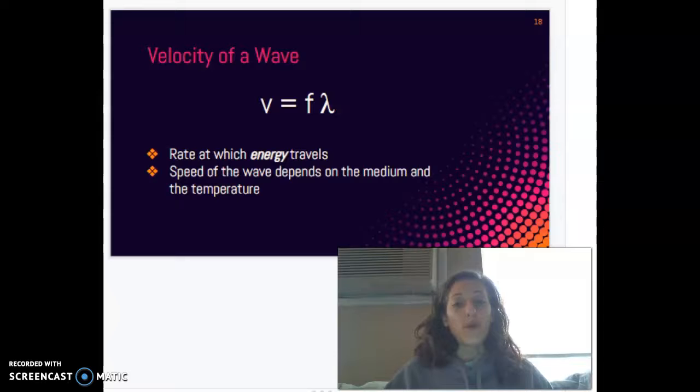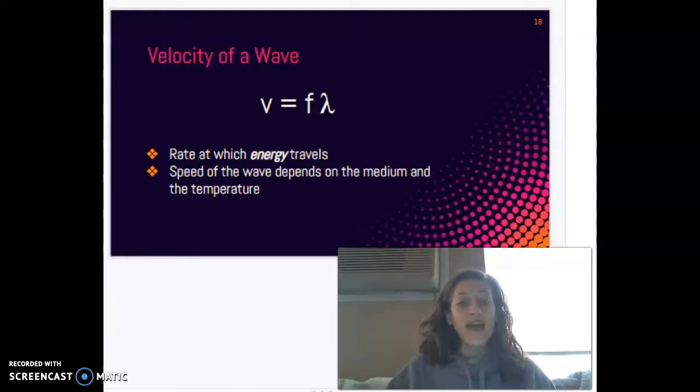What waves really are, what the velocity really is, is a movement of energy. So the velocity tells us the rate at which the energy travels. And the speed of the wave will depend on the medium, the material that the wave travels through, and the temperature.